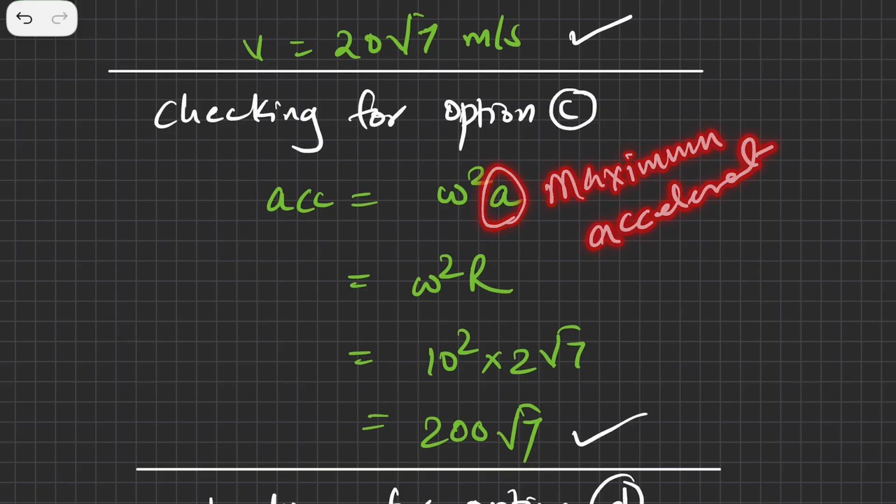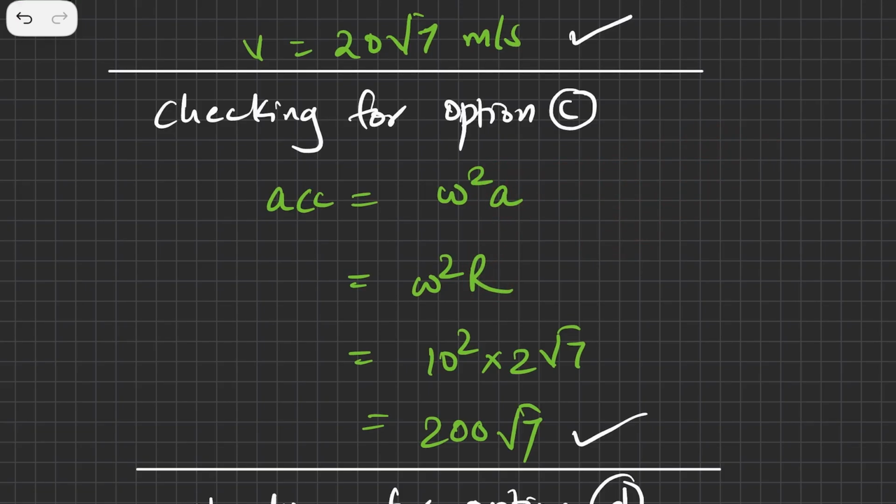So in place of A I will put R because we are talking about the resultant. So omega square R. In place of R I have found out it is 2 root 7, and if you multiply I will get 200 root 7.